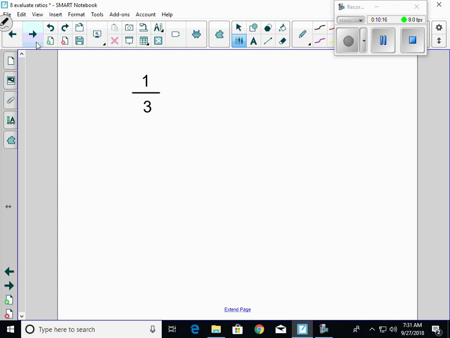Okay, this one is very interesting. 1 divided by 3. 3 doesn't go into 1, so I need a decimal and a 0. Bring up my decimal. We said 3 goes into 1 0 times, but 3 goes into 10 3 times, because 3 times 3 is 9. 10 minus 9 is 1.